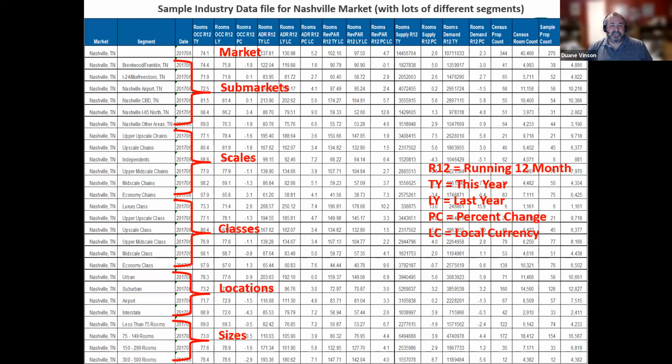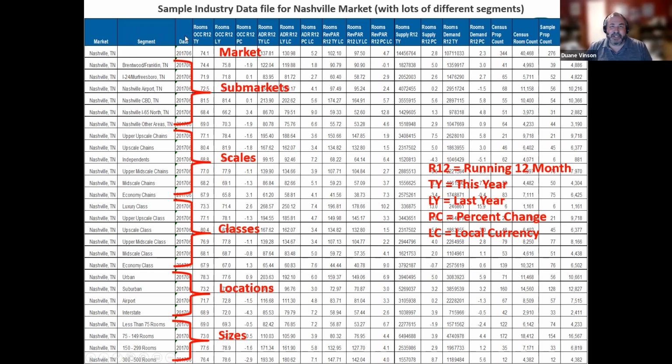Now let's talk about what we're seeing on this data file. We've provided you with the latest 12-month moving average numbers there, performance for the market, by submarket, by scale, class, locations, and size groupings. Okay. Now this is 12-month moving average data as of the latest date.